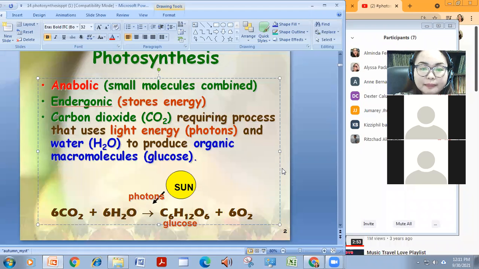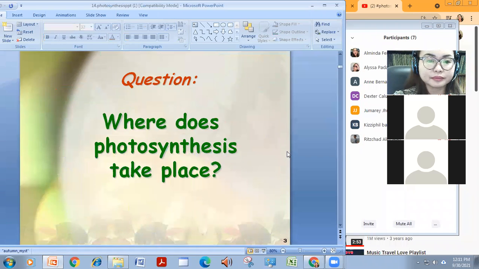Mostly that's why we need plants, kasi aside from they make their own food that becomes our source of food, they also emit oxygen after their photosynthesis, which means that animals like us, kita mga tao, we need oxygen for breathing. And also other animals, not only humans. So that is how important plants are, which are capable of photosynthesis.